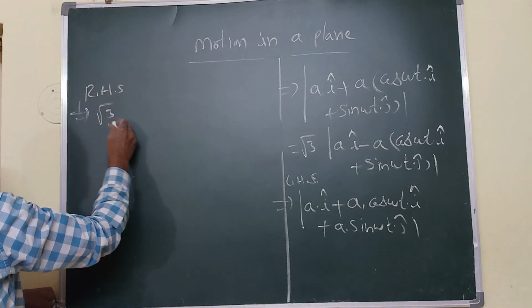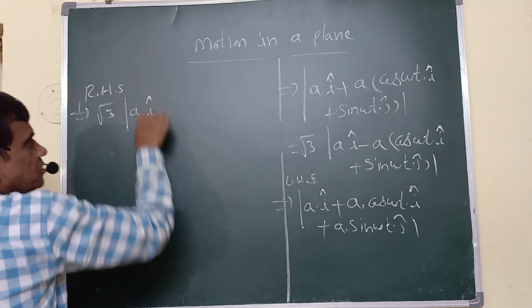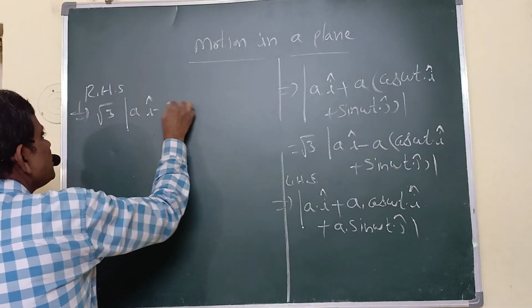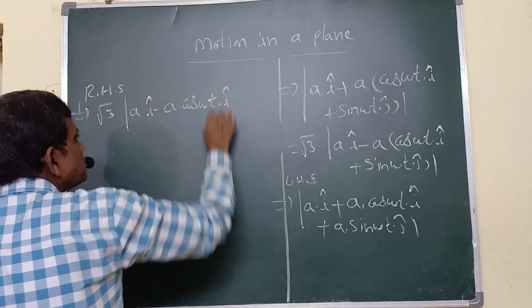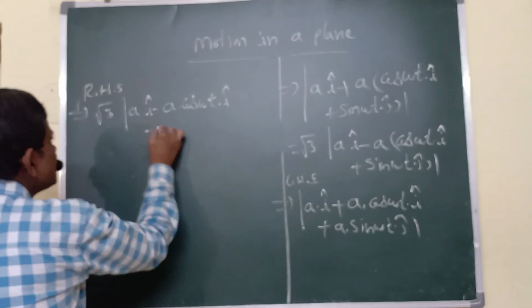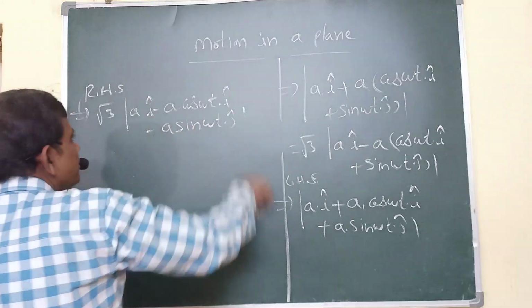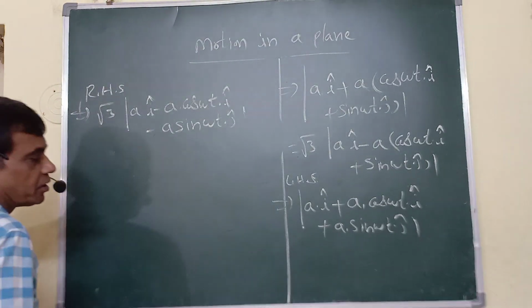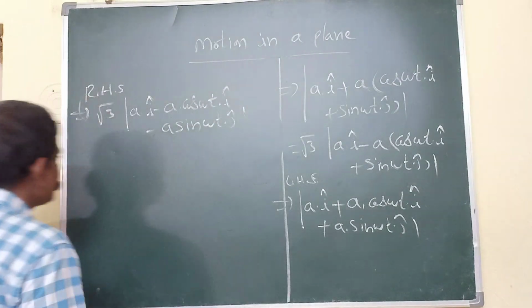Root 3 into A i minus A cos omega t i minus A sin omega t j. Okay, so LHS equals RHS.